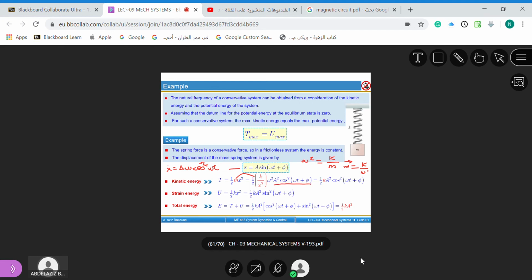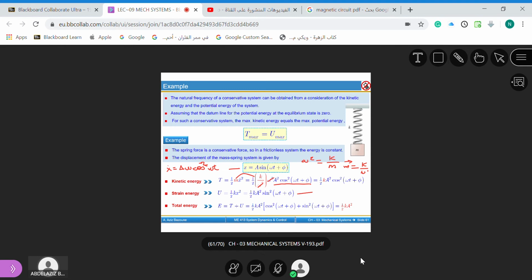Then this turns out to be half k, because omega will cancel with omega, A squared cosine squared omega t. The strain energy, which is given by U, is equal to half k x squared. We square everything here: half k A squared sine squared omega t.